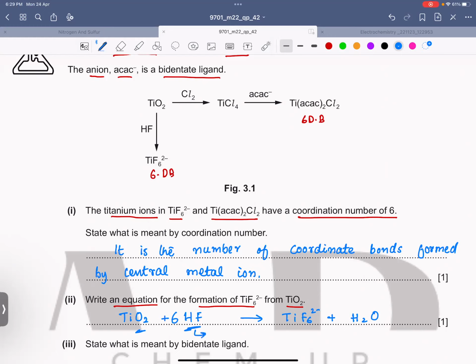Yes, what I'm going to write over here is, because it's an acid, some of the acid actually dissociates as well, so we add 2H positive over here. Okay.